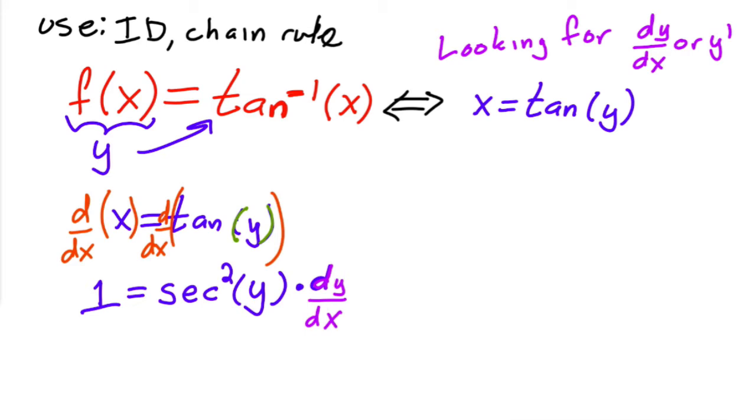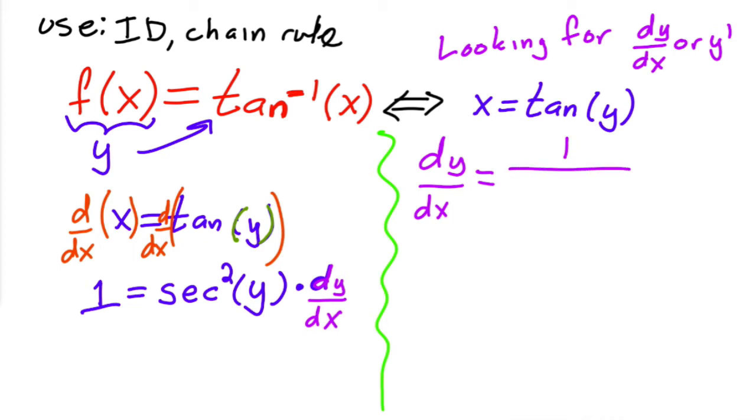Essentially what we're doing is solving for dy over dx, so dy over dx is equal to 1 over secant squared of y.